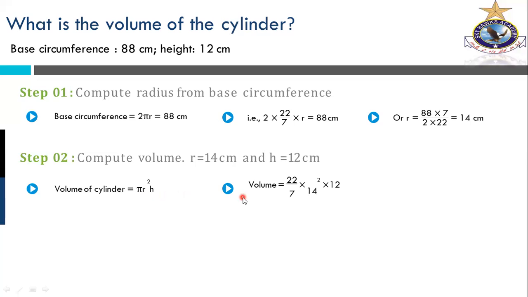Volume is equal to pi, which is 22 over 7, multiplied by the radius squared, that is 14 centimeters squared, and the height is also given. The vertical height of this cylinder is 12 centimeters. We are just putting in the values.